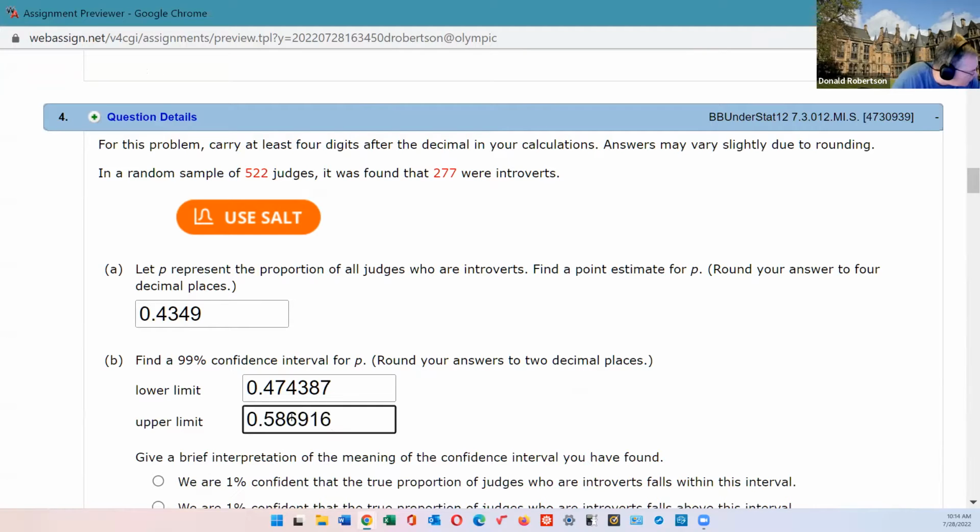So what WebAssign is doing is the p hat plus or minus 1.96 times the square root of p hat times 1 minus p hat over n. Remember that big ugly formula yesterday? StatCrunch's just doing the whole thing for us. And to 2 decimal places now, that becomes 47 and this becomes 59.